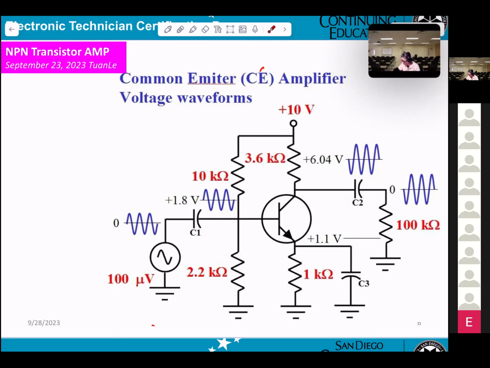And also you get this sideway. So now I try to draw bigger so you can recognize. This is 0 volt, 1.8 volt. You can see 1.8 volt here. Okay, and now you get a sideway of 100 microvolt.